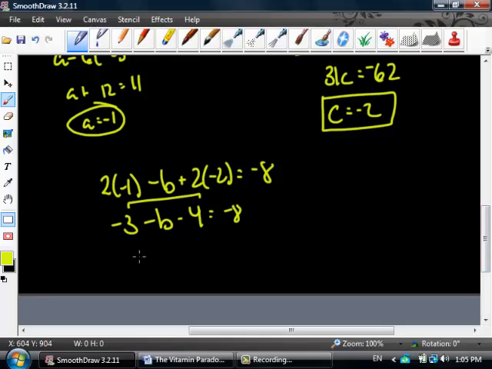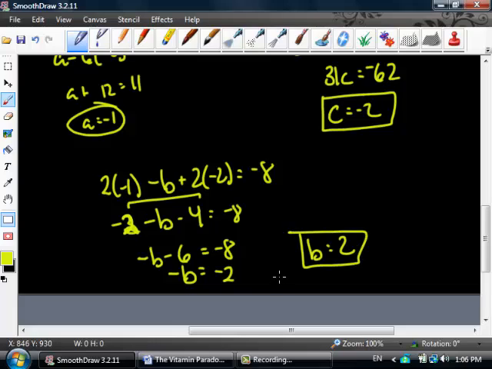Those two are going to combine. Oh, negative 2, sorry. Moving too fast here. So this would be negative B minus 6 equals negative 8. See here, negative B equals negative 2, so B equals 2. Raise your hands if you got negative 1, 2, 2 as your answer.